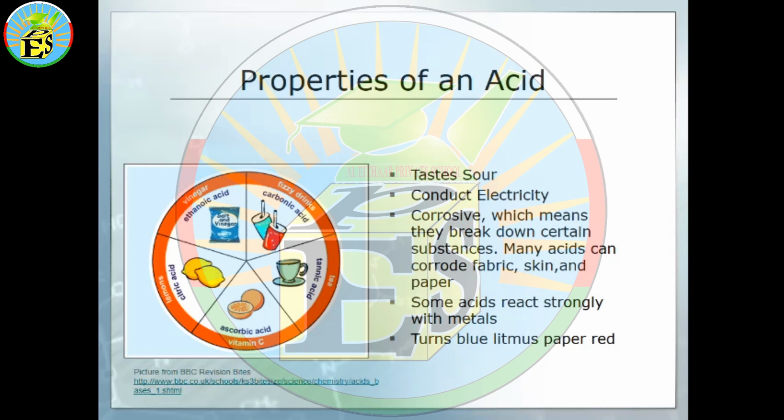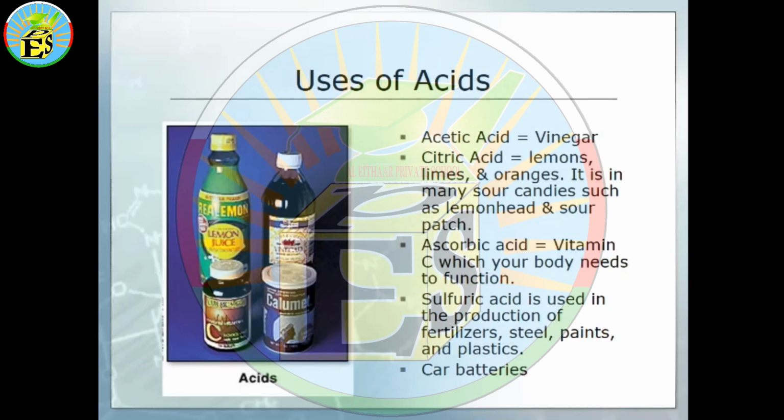But when you put blue litmus paper in acid, it will turn red. So this is the easiest way to check whether a liquid or solution is an acid or not. After going through the properties, we can check the uses of acids.